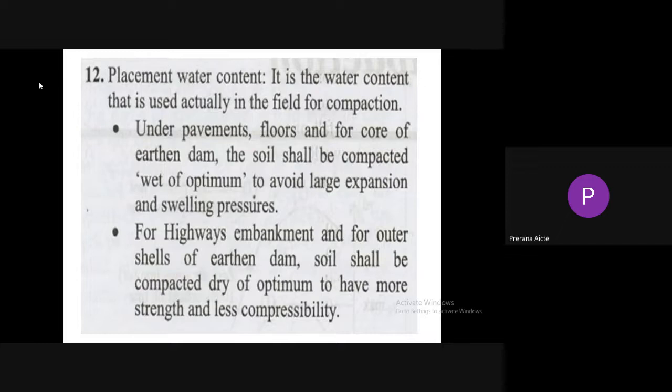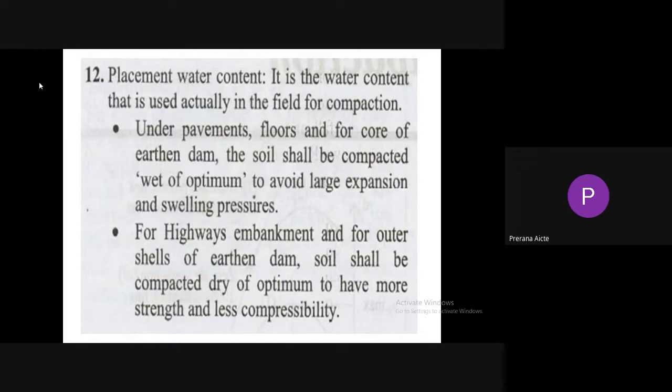But in the field, in order to improve a particular property of the soil mass, a water content other than optimum moisture content is used. Sometimes it may be the dry side of optimum, or sometimes the wet side of optimum.